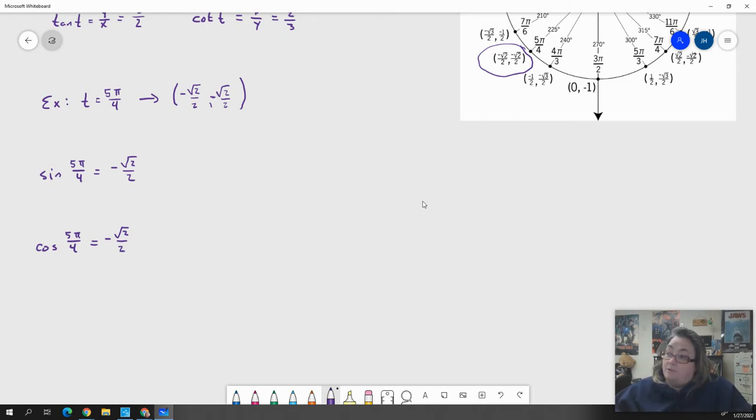Tangent, we're going to have to do a little work on, right? Because tangent is y over x. So tangent of 5 pi over 4 is going to be negative radical 2 over 2 over negative radical 2 over 2, right?